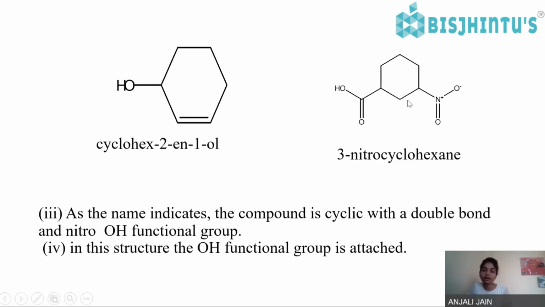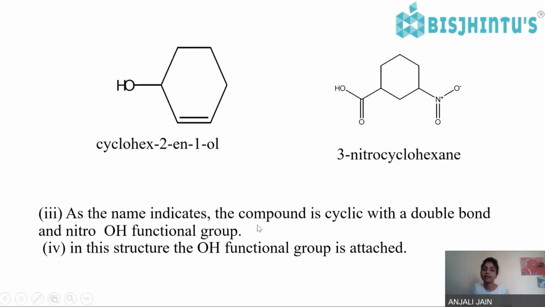If I start the numbering, I have to give the numbering to the nitro group. If I start the numbering from here, 1, 2, 3, this will be 3-nitrocyclohexene.